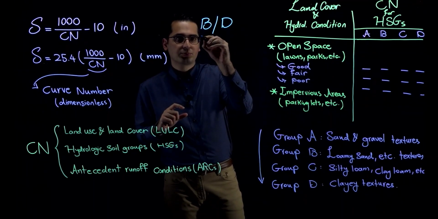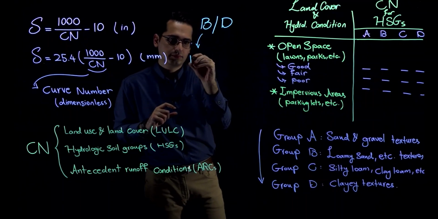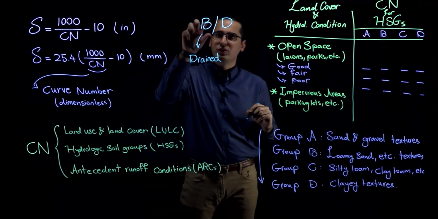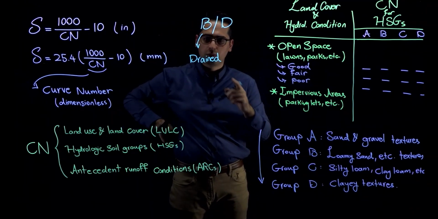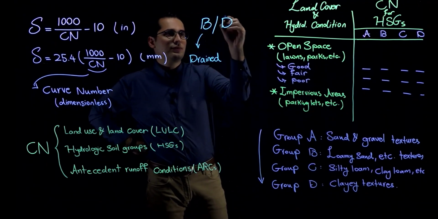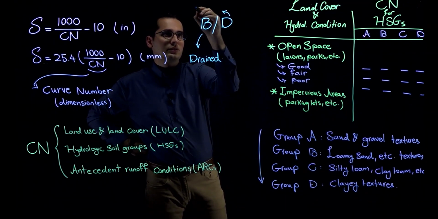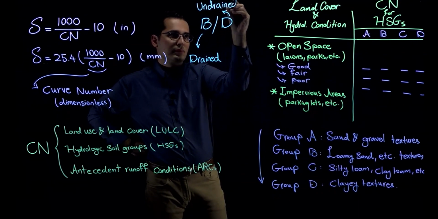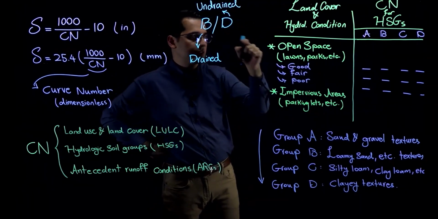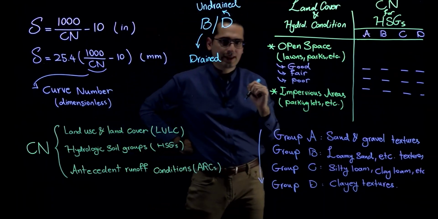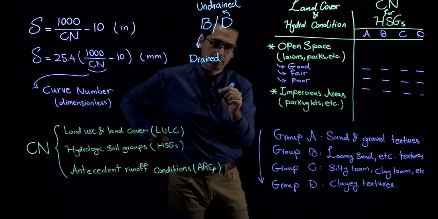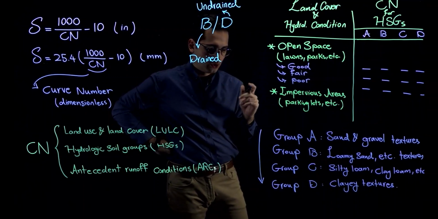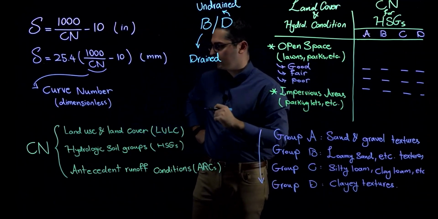If the soil is properly drained, then you will choose the first letter which represents drained condition. If the soil is not drained, then you will choose the second letter to find the curve number. So pay attention that the drainage condition of your study area can impact the hydrologic soil group that you are picking for your study area as well.